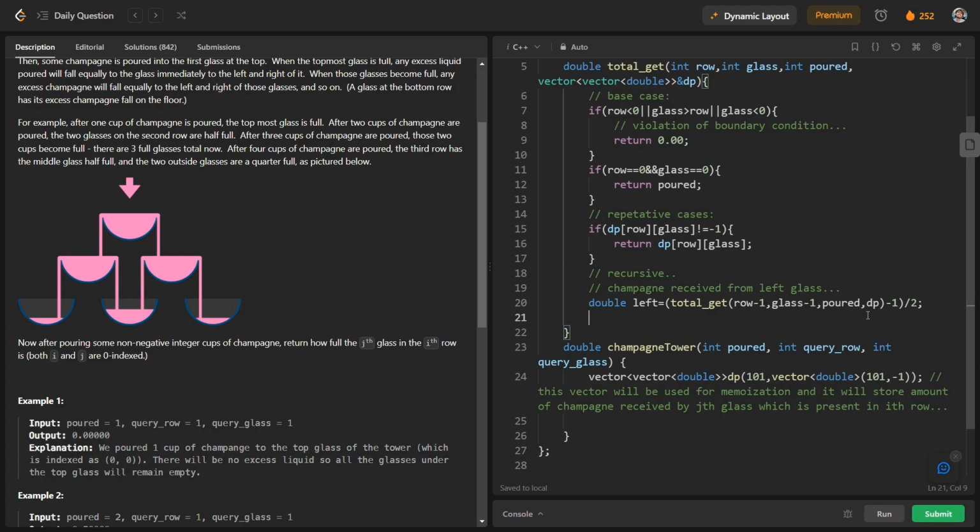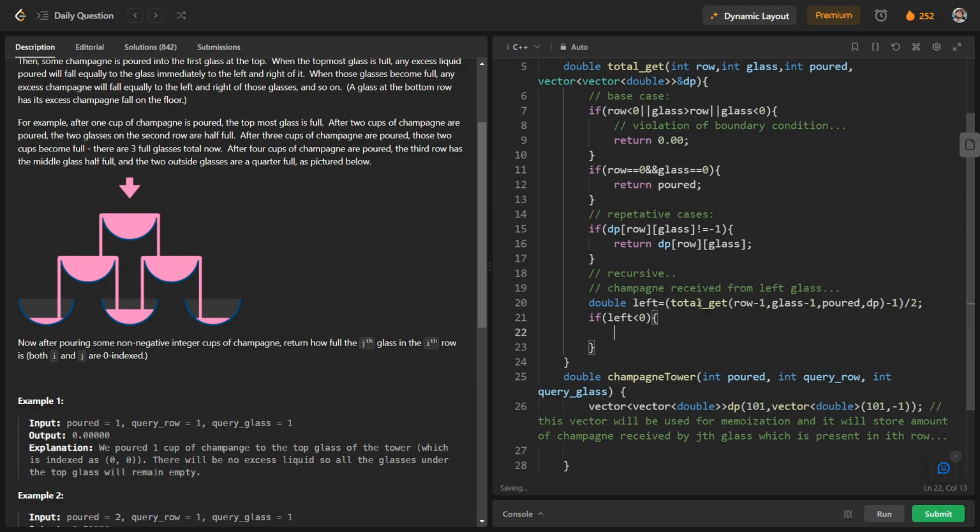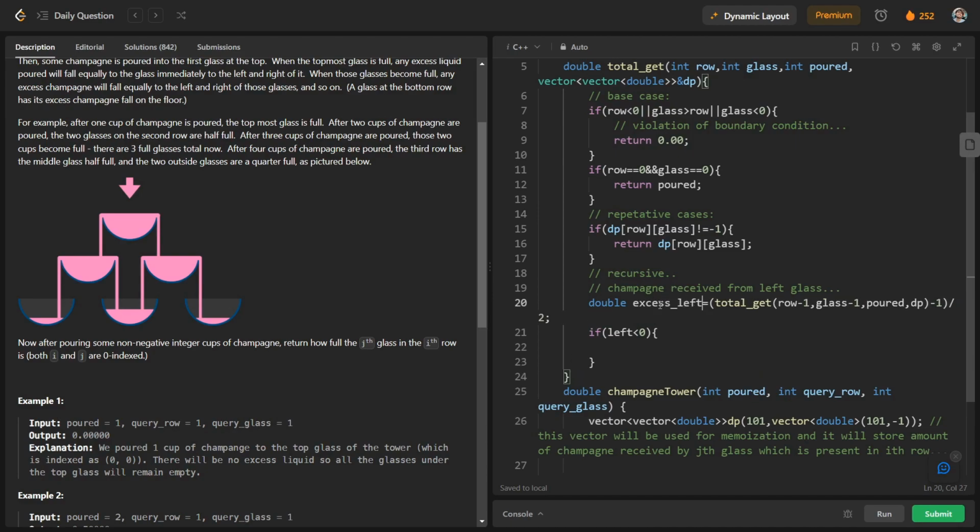I have explained this part, and if this left is less than 0, we can say that there is no excess amount of champagne. I will write here excess from left. So if the excess is less than 0, we will not receive any champagne from the left part, so it will be 0.